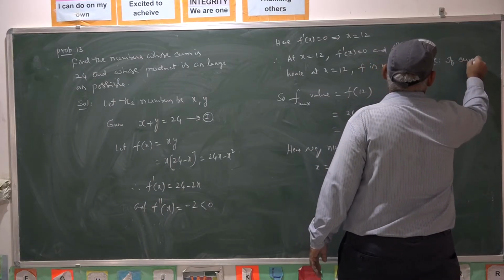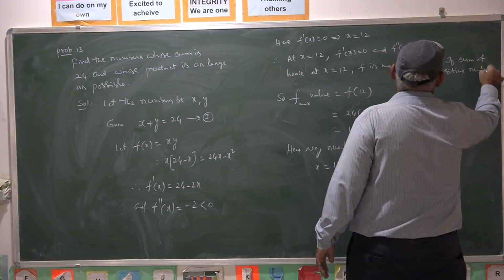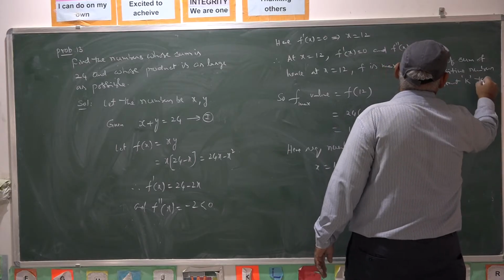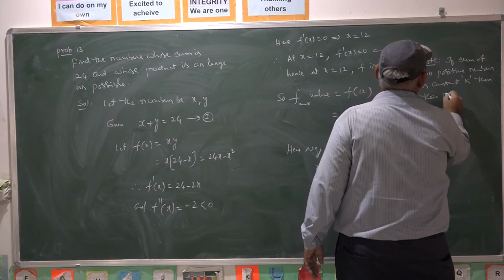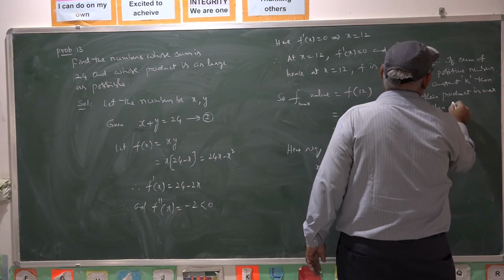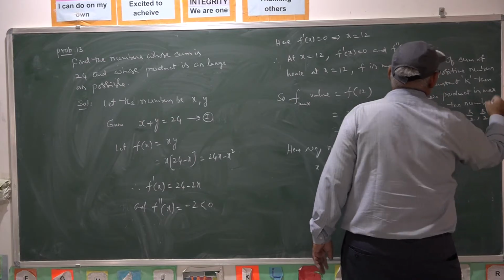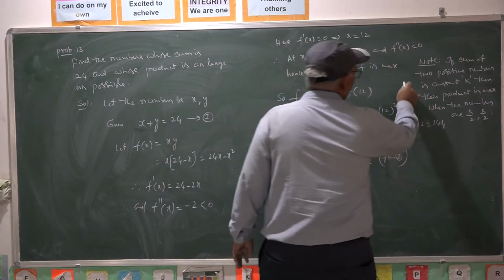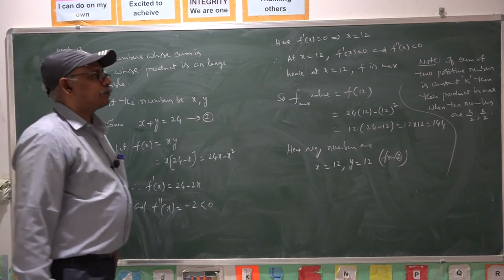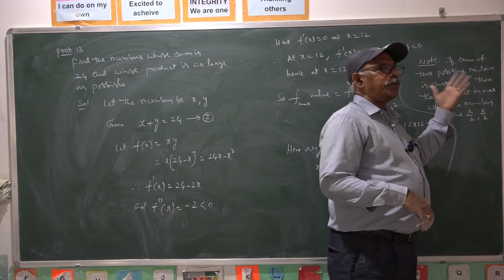If the sum of two positive numbers is constant k, then their product is maximum when the numbers are equal, when the numbers are k by 2 and k by 2.